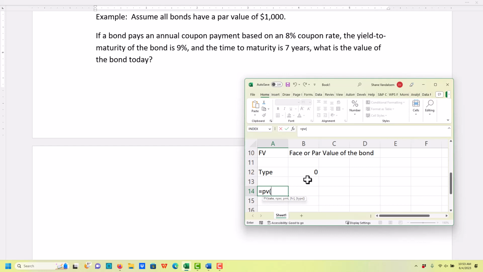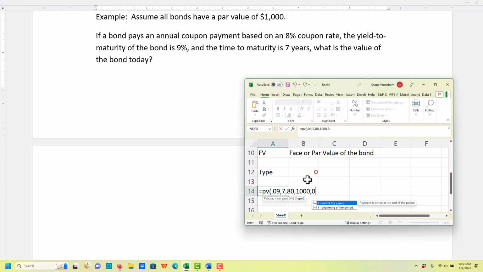My rate is the 9%, 0.09. My number of periods is 7 years. And my payment is going to be $80, so that's 0.08 times 1,000. And you can actually put it in the function here if you want, but I know what it is. 8% times 1,000, so I can put in $80. My future value is 1,000. And my type is going to be 0.